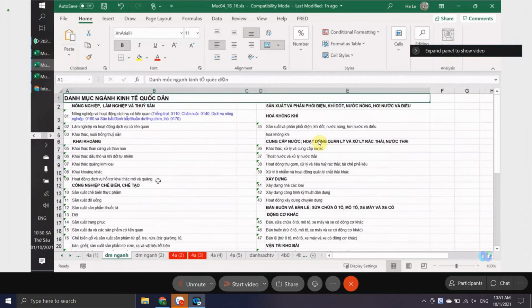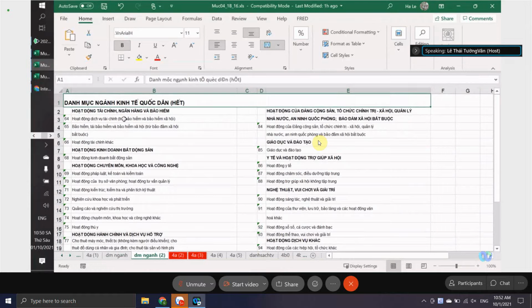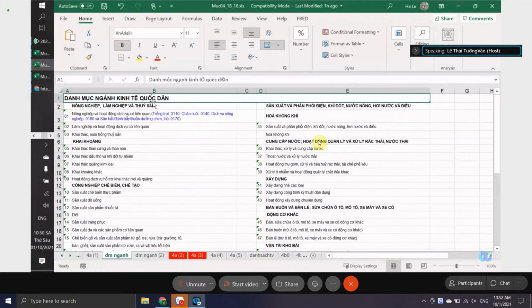Number 1. By the way, I talk about the industry and the occupation. In the file they also include the information here. So, danh mục ngành kinh tế quốc dân. This classification is based on the international classification. So we have the Vietnamese classification here.